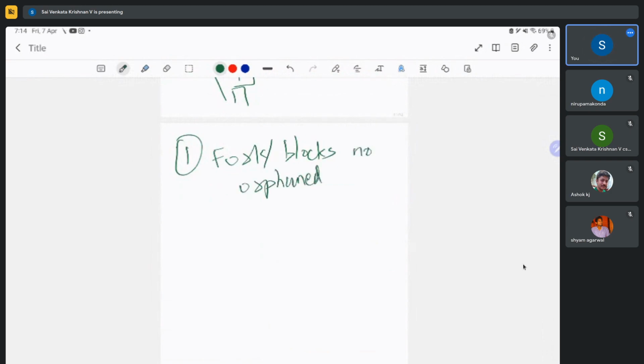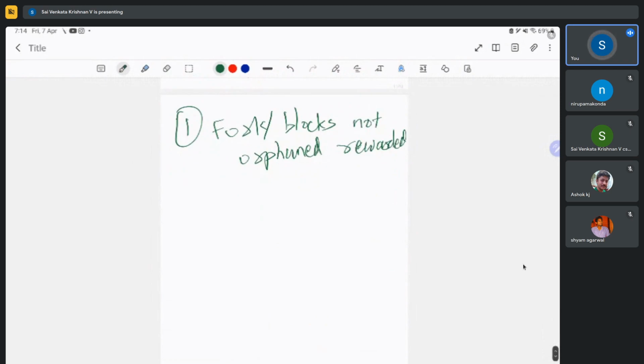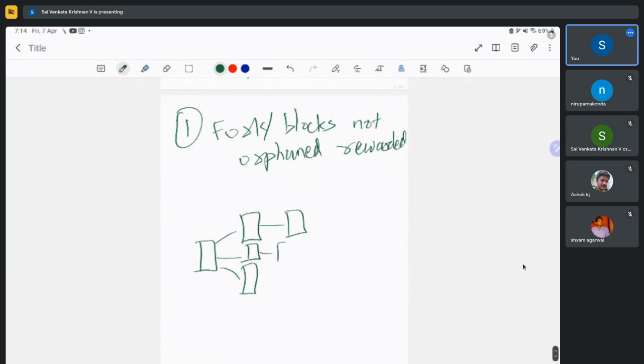So, say you have a blockchain something like this, right?